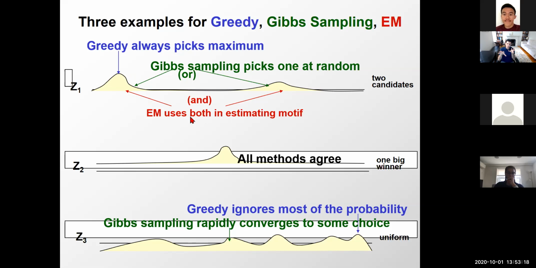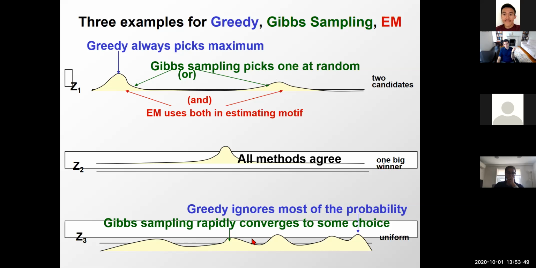So expectation maximization might be pulled in multiple different directions and not able to converge as easily. Gibbs sampling, however, instead of saying I'm going to either always choose the best one or always choose the average of all of them, is basically saying, what I'm going to do is simply choose one at random according to their probabilities.